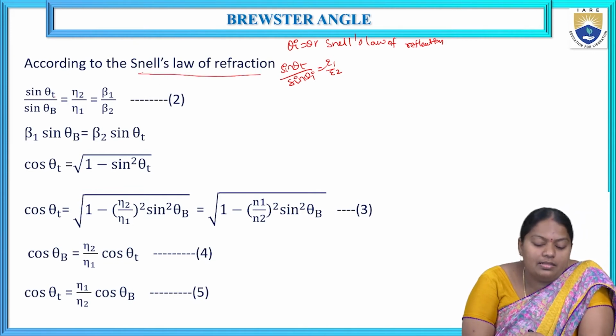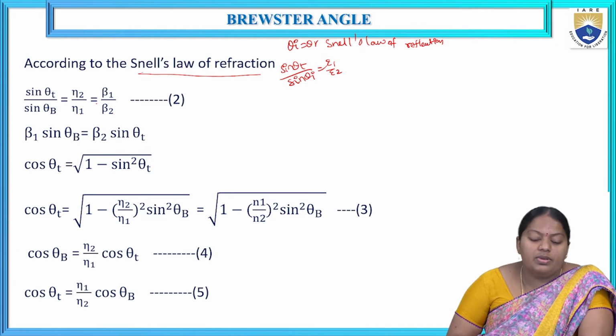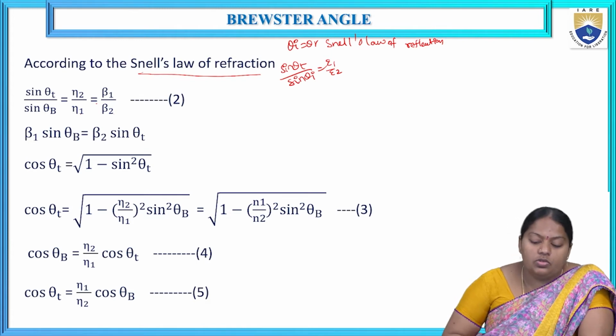That is given by sin theta t by sin theta b. See here, the incident wave angle is replaced by theta b, hence sin theta t by sin theta b equal to eta 2 by eta 1, which is equal to beta 1 by beta 2. Eta 1 and eta 2 are the intrinsic impedances of the two dielectric media, and beta 1 and beta 2 are the phase constants of the two media.